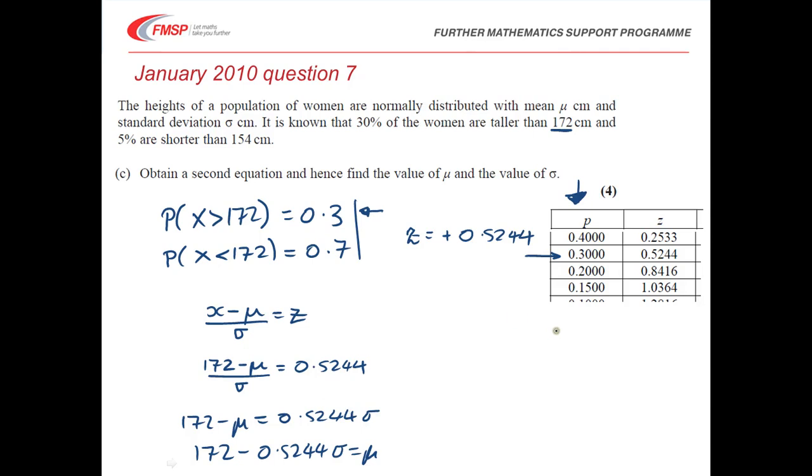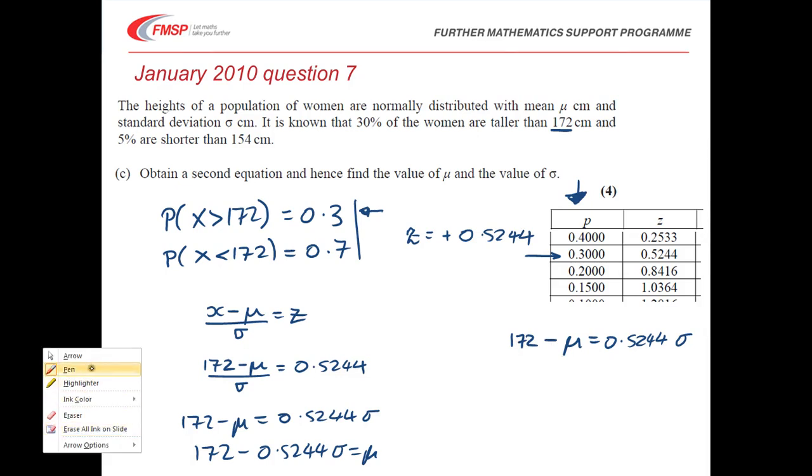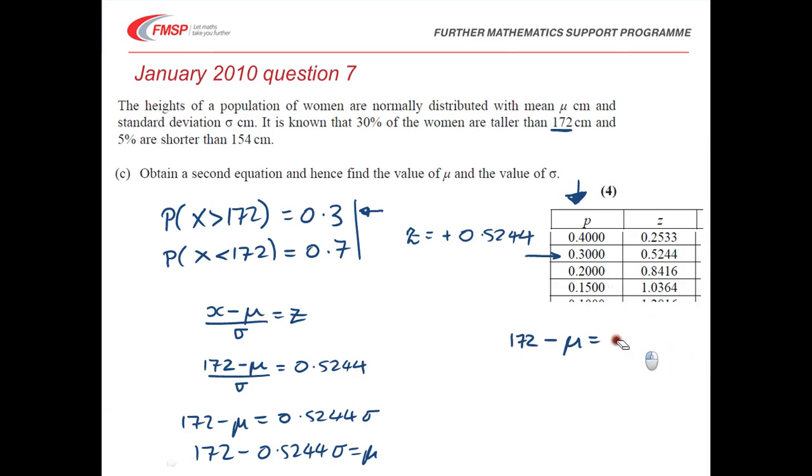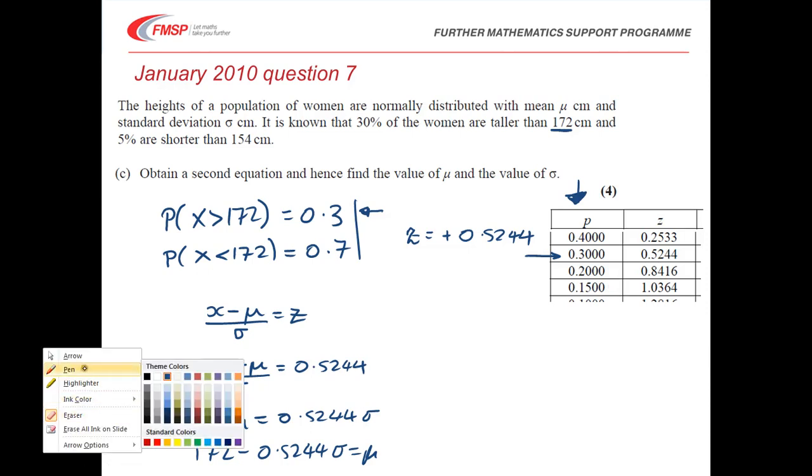So we now have a pair of equations. We've got 172 minus mu equals 0.5244 sigma, and you can rearrange that to make mu the subject actually, so we'll use that one underneath. So let me just get rid of that. And we'll use the better one. It depends really on how you want to solve your simultaneous equations.